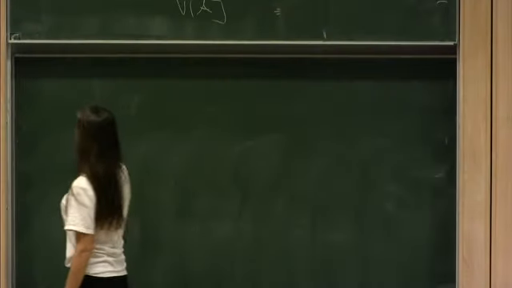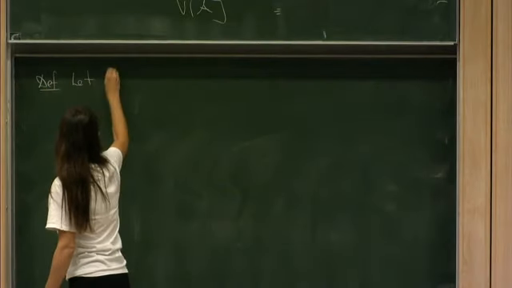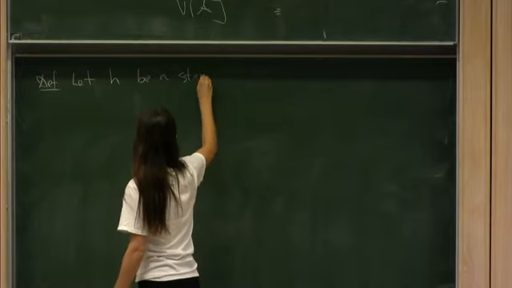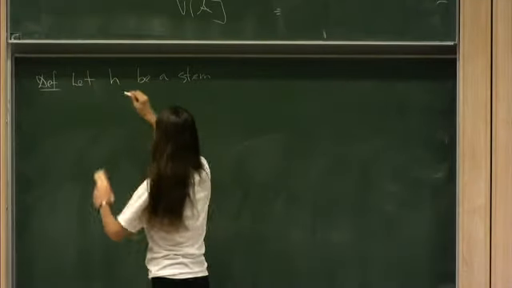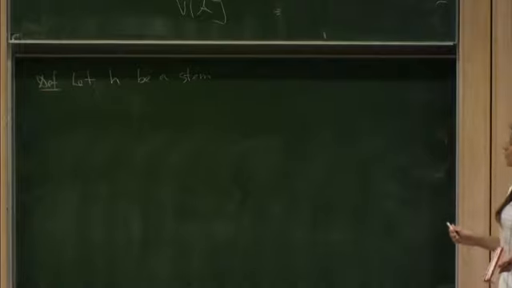So I showed the following. Definition: let H be a stem. I showed that there are unboundedly often stems H for which the following holds.